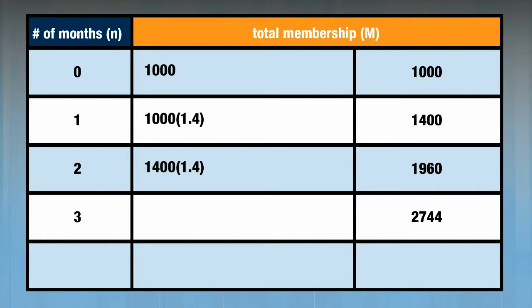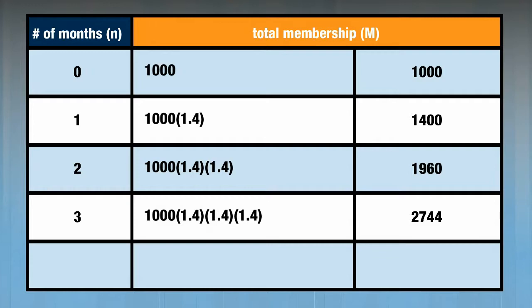To help us find a pattern, we're going to replace 1,400 with 1,000 times 1 and 4/10. For the third month, multiply the second month's membership by 1 and 4/10. Let's write 1,960 as 1,000 times 1 and 4/10 times 1 and 4/10.